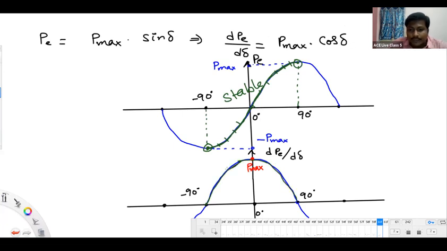In the positive portion of dP by d delta, we can say that the system will be stable. Yeah. Next.